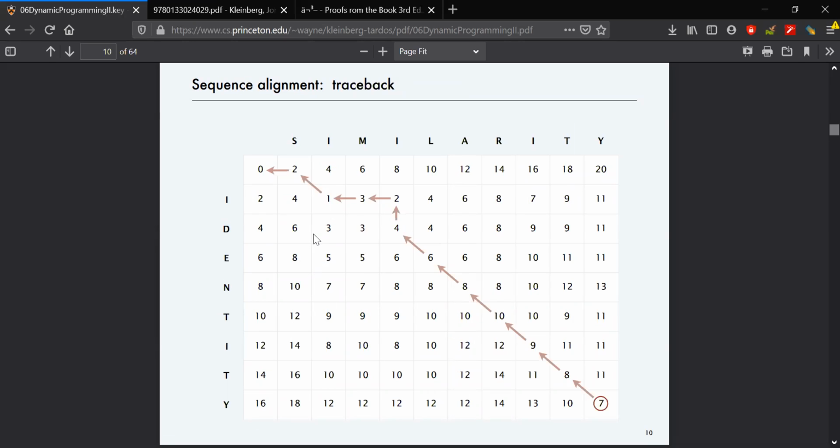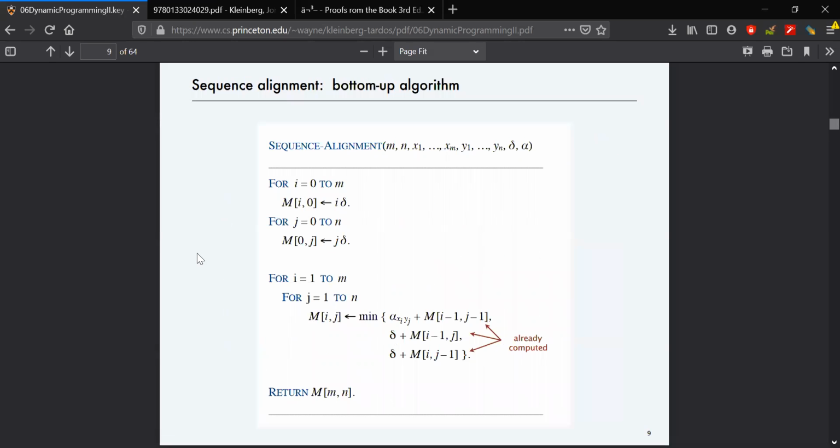So assume that an entry, the (i,j) entry, is filled by looking at the three of its neighbors. You look at the three of its neighbors and look at which of the costs is going to be minimum when you move from the neighbors to that entry. So this thing is clear, right?